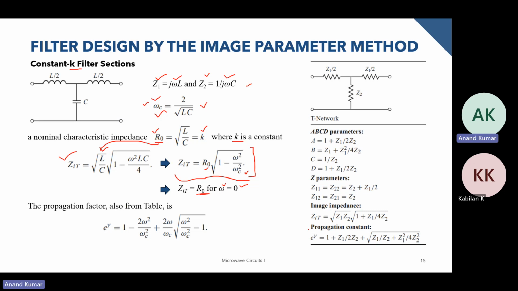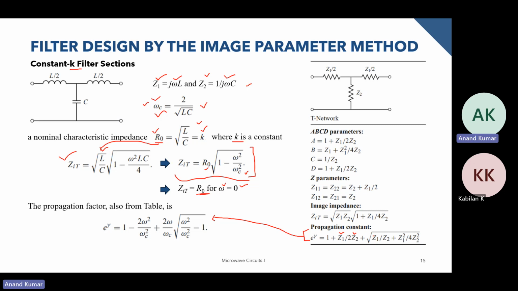Now from this particular table over here, we can find out the propagation constant as well. So all we need to do is substitute the value of Z1 and Z2, and then we replace L by C and K. Yeah.